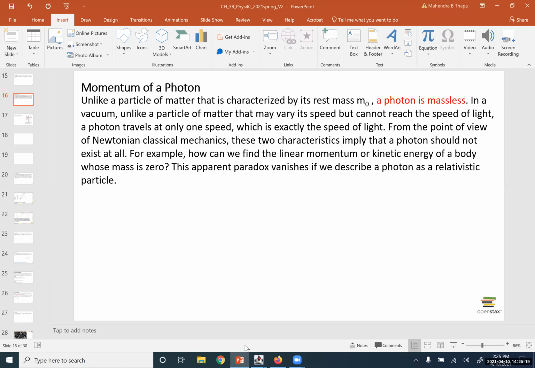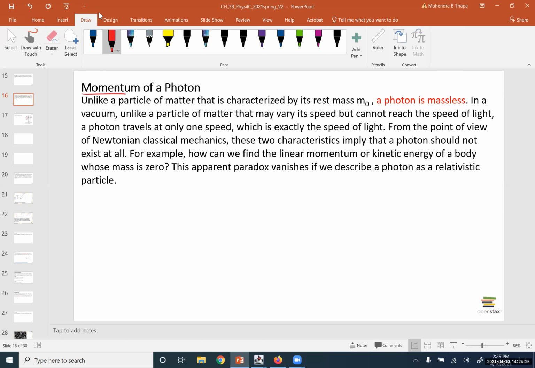Next, let's move forward with the momentum of a photon. We have to be careful that the rest mass of the photon is 0. The photon doesn't have any rest mass. If you consider the relativistic mass, we know from the previous chapter that in relativity, m equals m naught over the square root of 1 minus v squared over c squared.